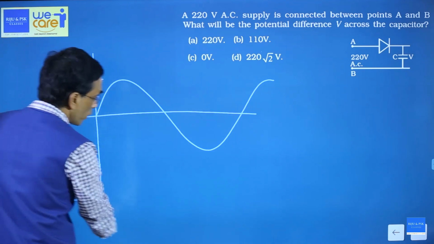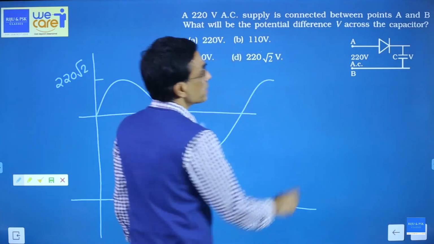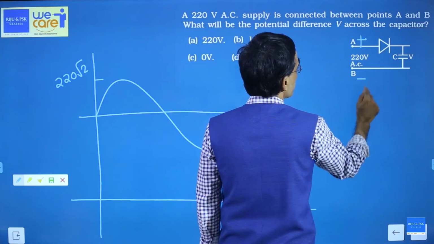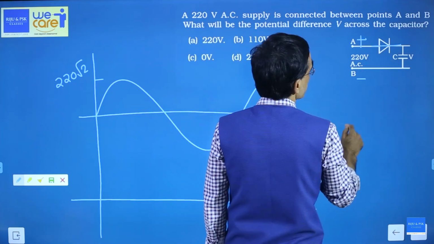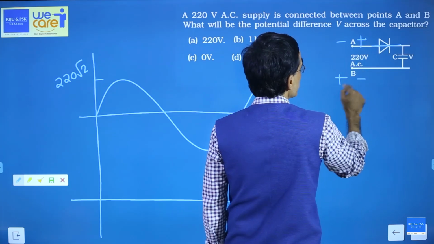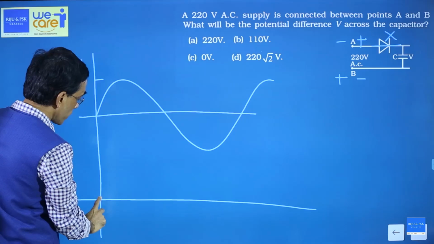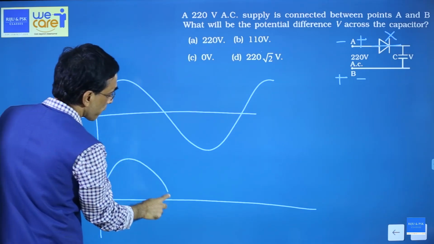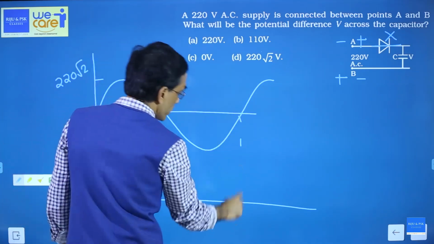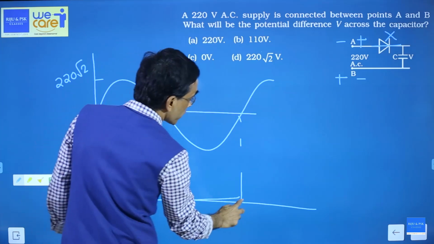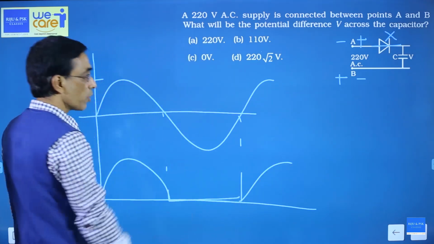Now what is the output of the diode? You can see when A is positive and B is negative, this will conduct. When A is negative and B is positive, this will not conduct. It's a half wave rectifier. So this will give you only this half. Then this will not come. Then the next half. This is the output.